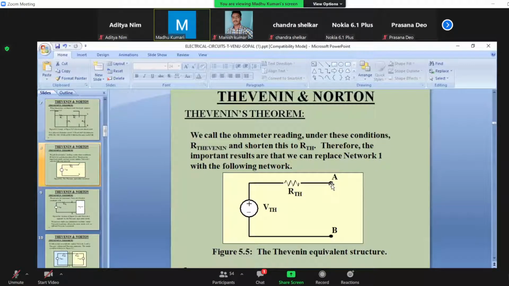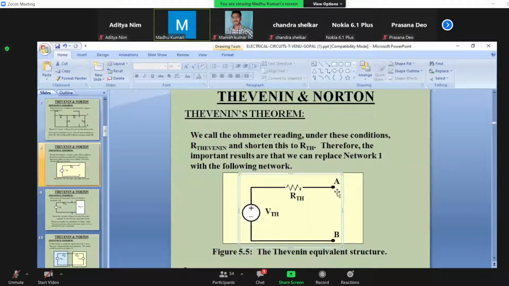Across A and B we connect the load resistance R5 that was omitted from the network. So the current I equals V Thevenin upon R Thevenin plus R5, or RL, whichever suits you.